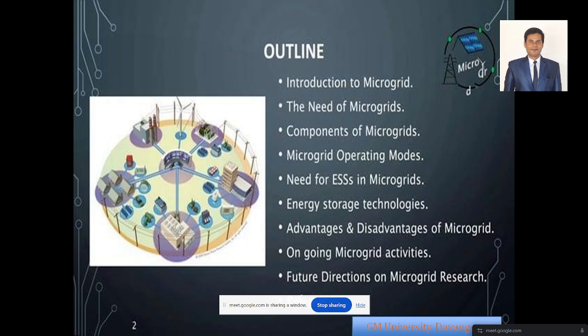What is the purpose of having these grids, and what components does it consist of? What is the need for ESS, energy storage in microgrids, and energy storage technologies? Its benefits, the ongoing projects, and the different future directions of the research happening in microgrids.